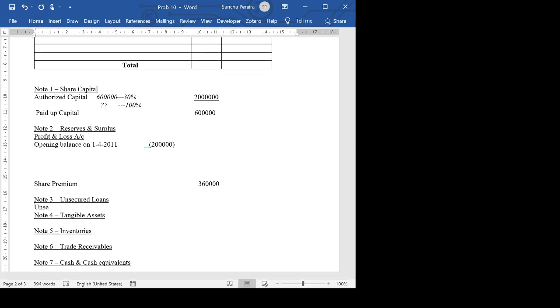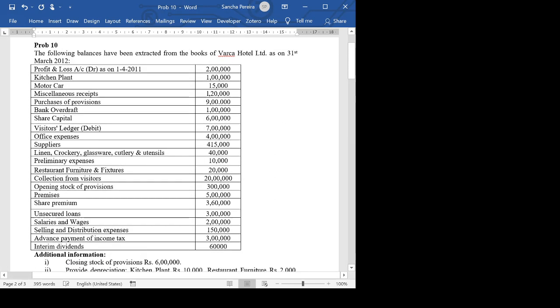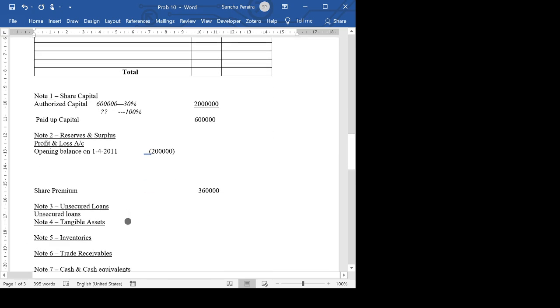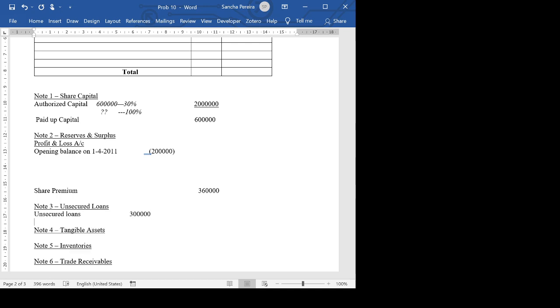Unsecured loans comes to 3 lakhs. I'll leave space for an adjustment because there's an adjustment.